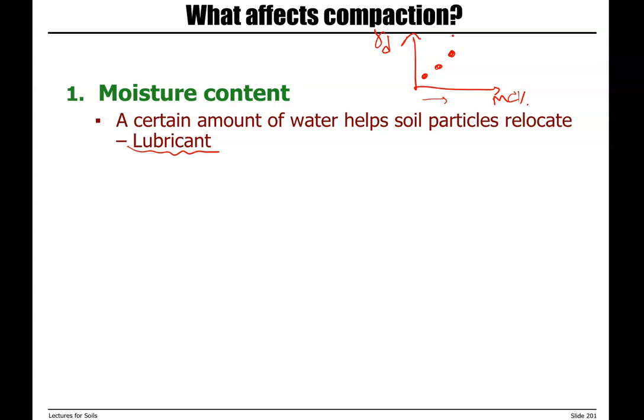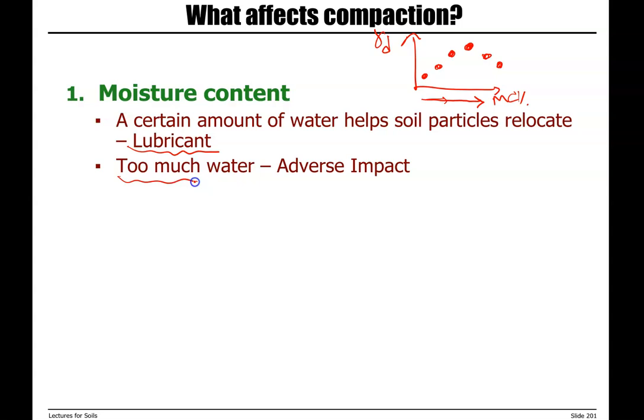So at the beginning, moisture helps with the movement of particles along each other and achieving a higher level of compaction. But at a certain point, after the soil is fully saturated, because you cannot compact water, then it starts to have a negative effect on the level of compaction. This is with an increase in moisture content.